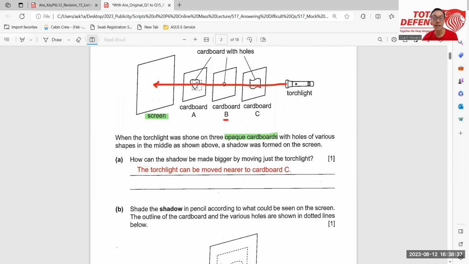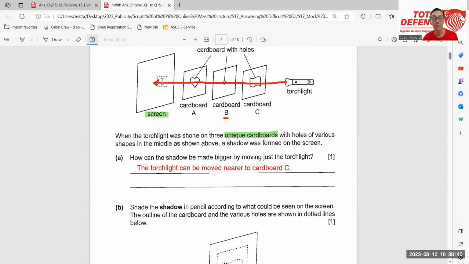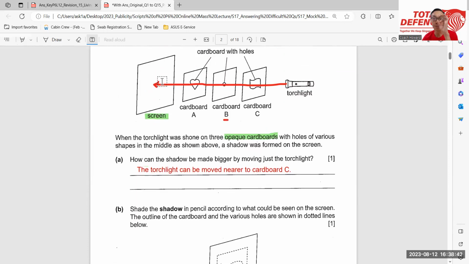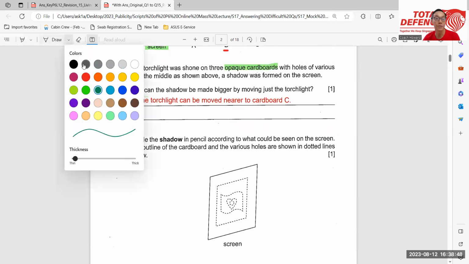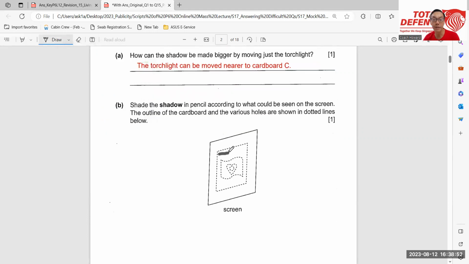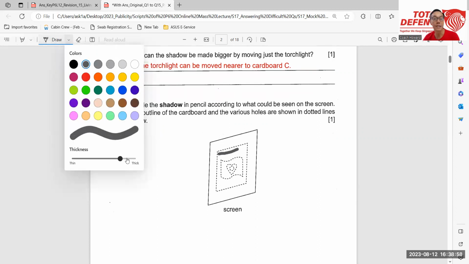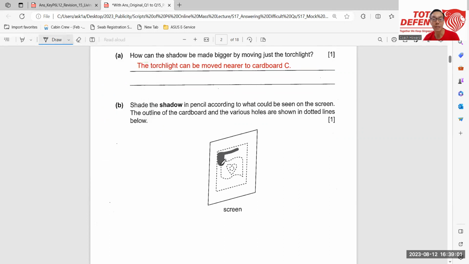So actually what you see here will only be a circular light dot. So in other words, if you shade the shadow, you should shade everything, retaining only the dot in the center. So you should shade everything, this part.